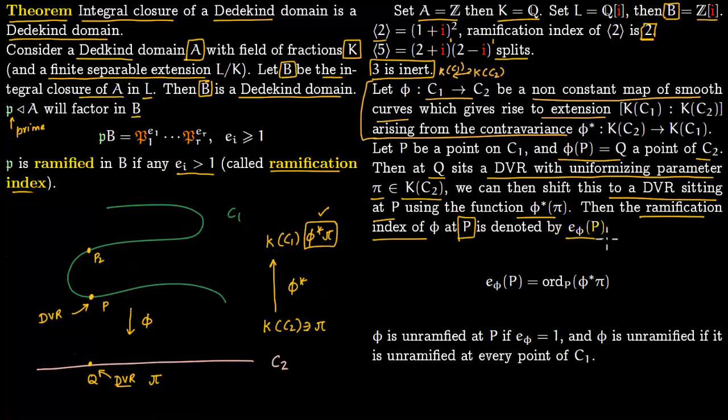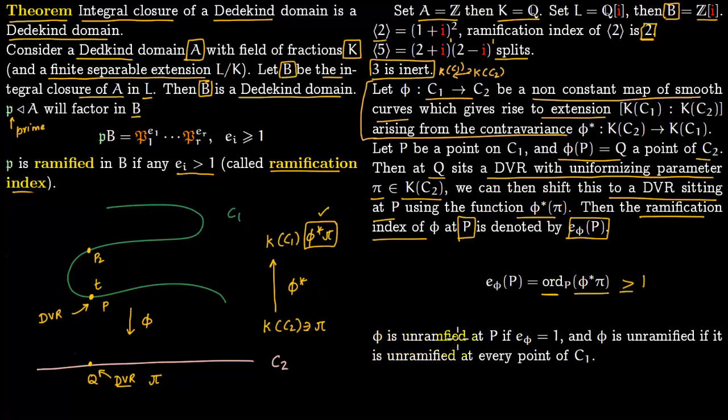This is denoted by e_phi(P). This is just the order of phi star of pi. If you know about discrete valuation rings, you exactly know what the order is. It's just the power of the uniformizing parameter here, say t, which will appear in this function. So this is always greater than or equal to 1.